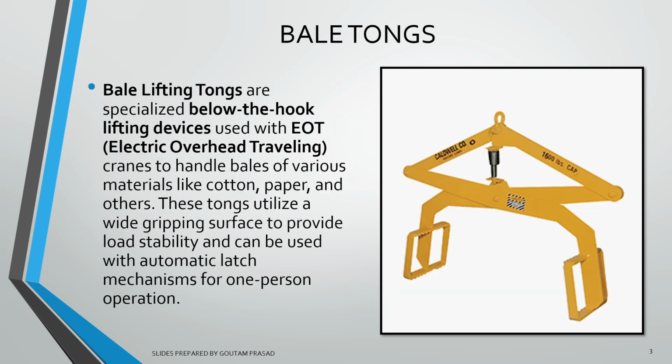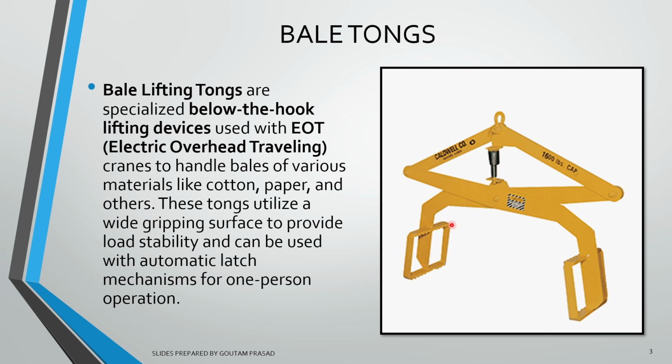So here is the bale tong. Basically, bale tongs are specialized in lifting requirements of certain bales, materials like cotton, paper, and other things. These tongs utilize a wide gripping surface area, like you can see the construction is as such.